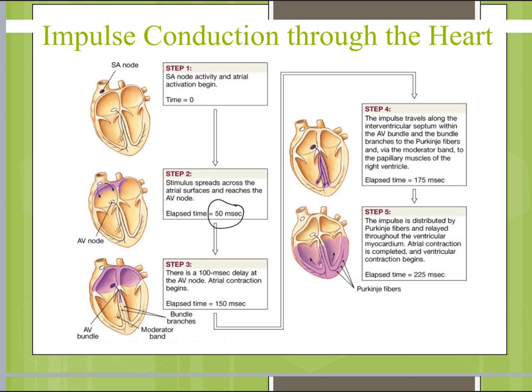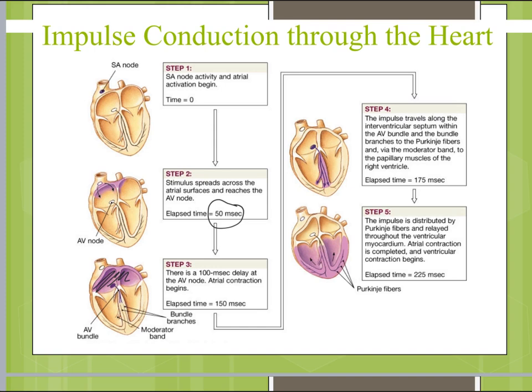And we see now for step 3 in purple, both atria are fully depolarized. There's a 100 millisecond delay at the AV node, and atrial contraction begins. So this takes about another 100 milliseconds, total elapsed time about 150 milliseconds. Now blood is moving from the atria into the ventricles.